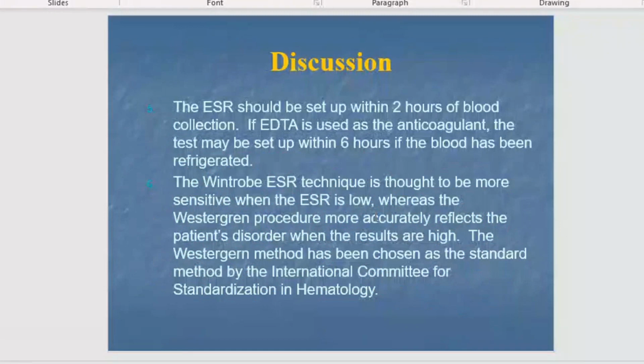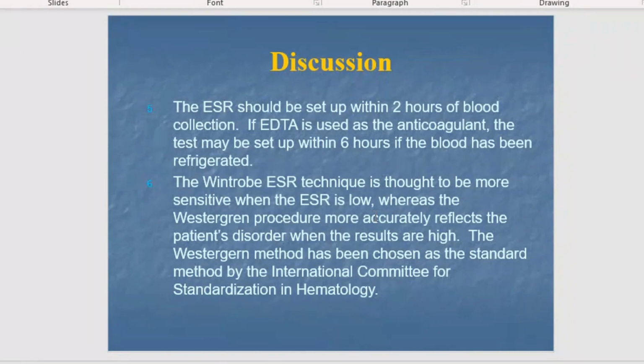The ESR should be set up within 2 hours of blood collection. If EDTA is used as the anticoagulant, the test may be set up within 6 hours if the blood has been refrigerated.